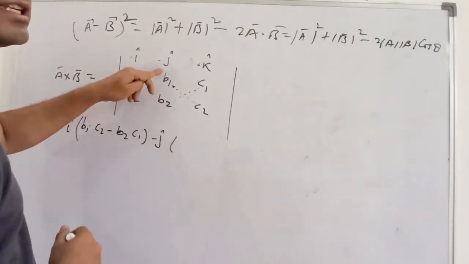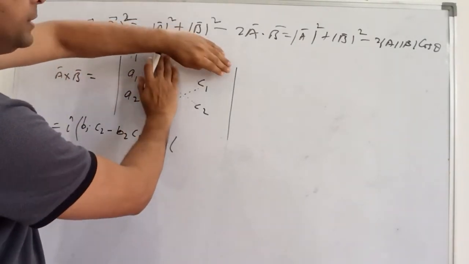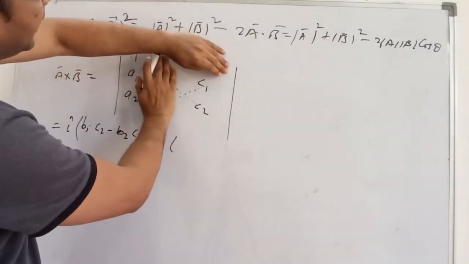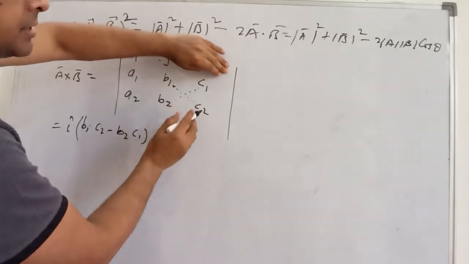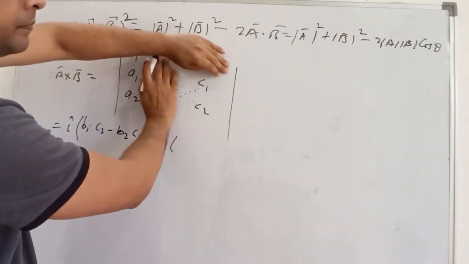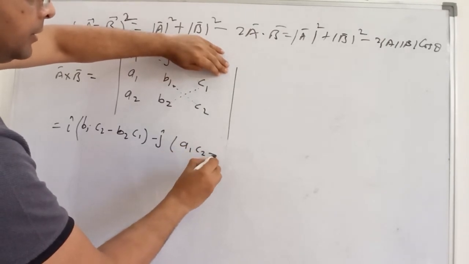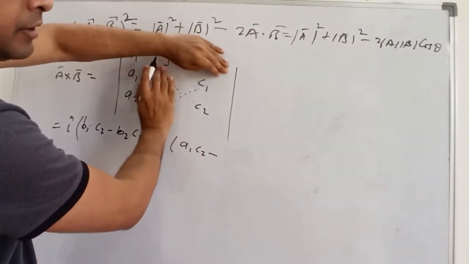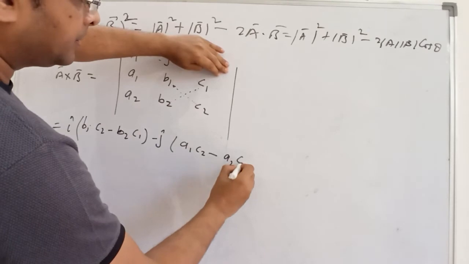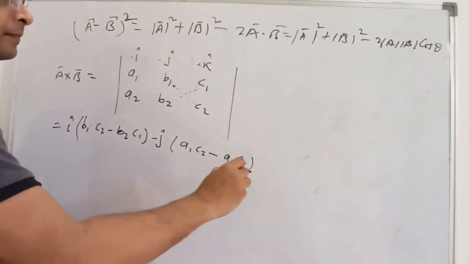Got it? Now this is minus j cap, sorry. When we talk about j cap, then remove this row and this column. You are left with 4 elements, A1, C1, A2, C2. Starting from the bottom right, multiply this, A1, C2 minus A2, C1. This is the way to expand.